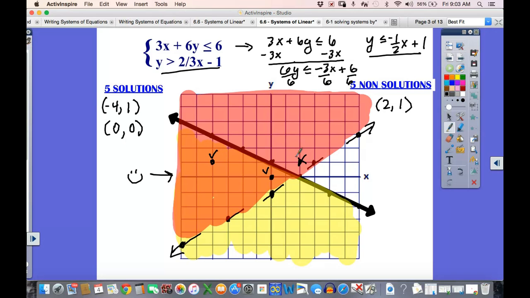And then I'm going to say 0, 2 is a non-solution. It doesn't work. Okay, so give me 3 more solutions and 3 more non-solutions. All right. Hope y'all are getting this. And we will move on to the next slide.